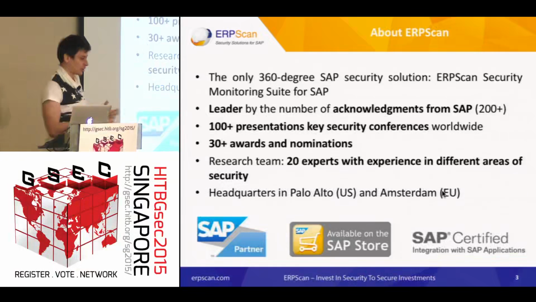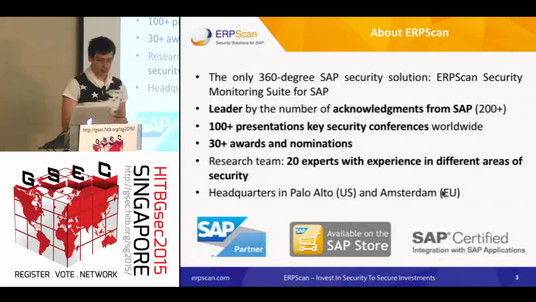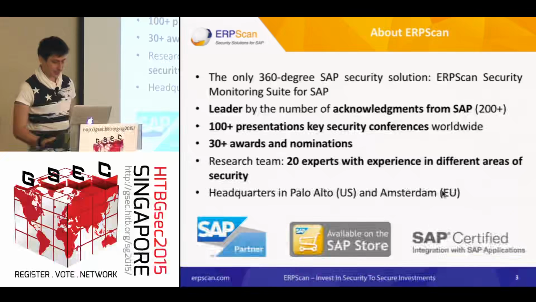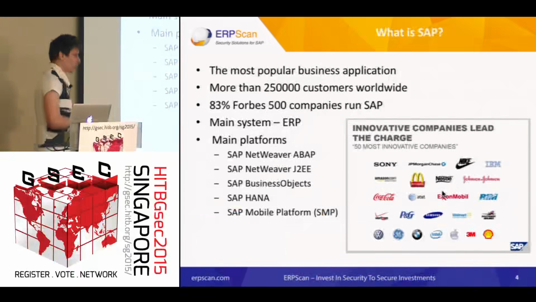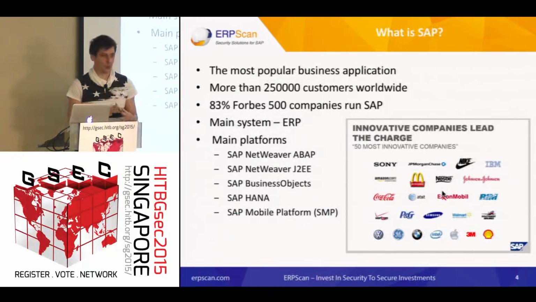As I said, I work at ERP scan company. We are a group of security researchers who do security assessments for different enterprise systems. If you do not know what SAP is, SAP is the most popular business application in the world.